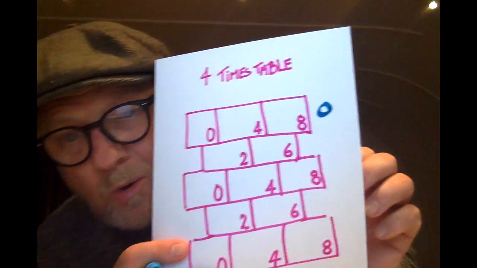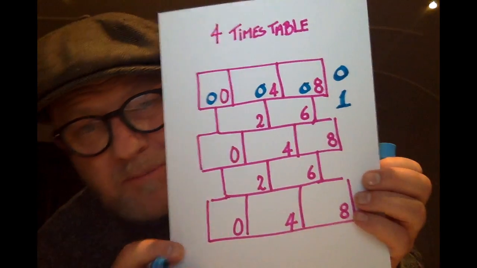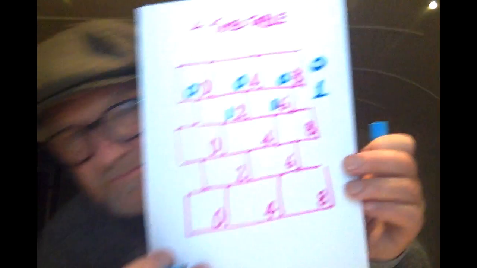Now, in the first row, we place all zeros. In the second row, we place all ones. In the third row, yep, you've got it, we place all 2s.